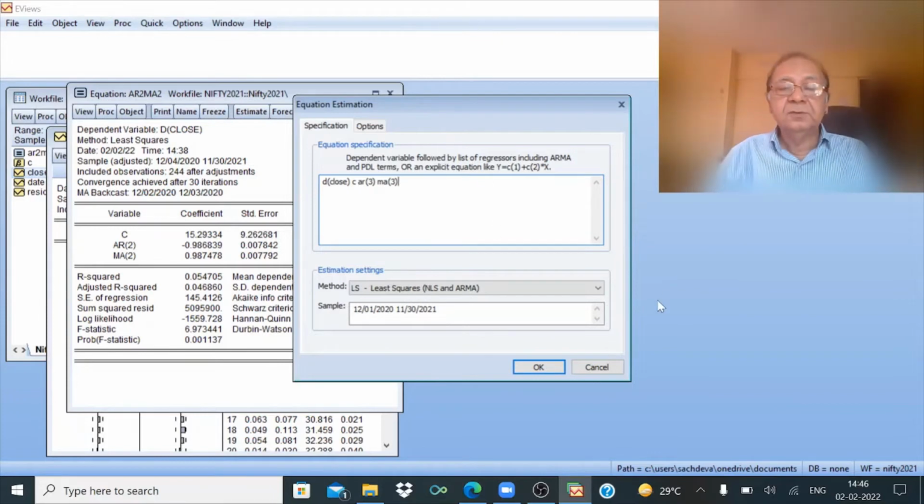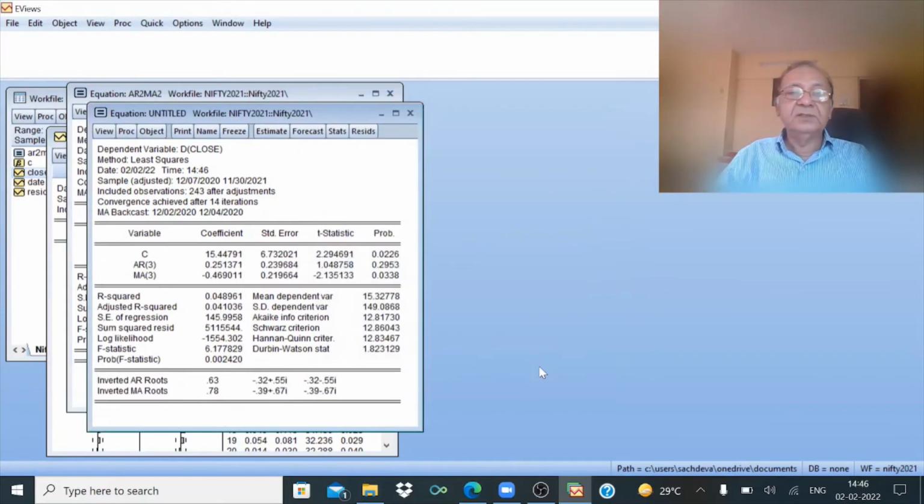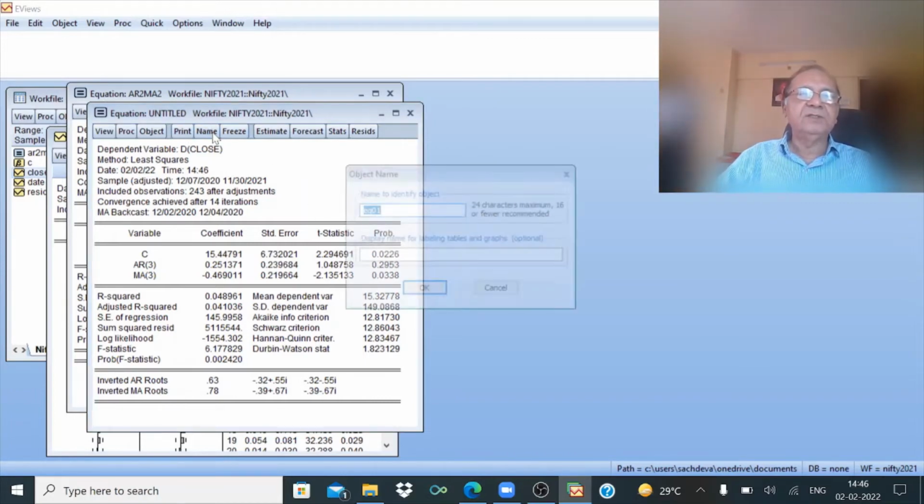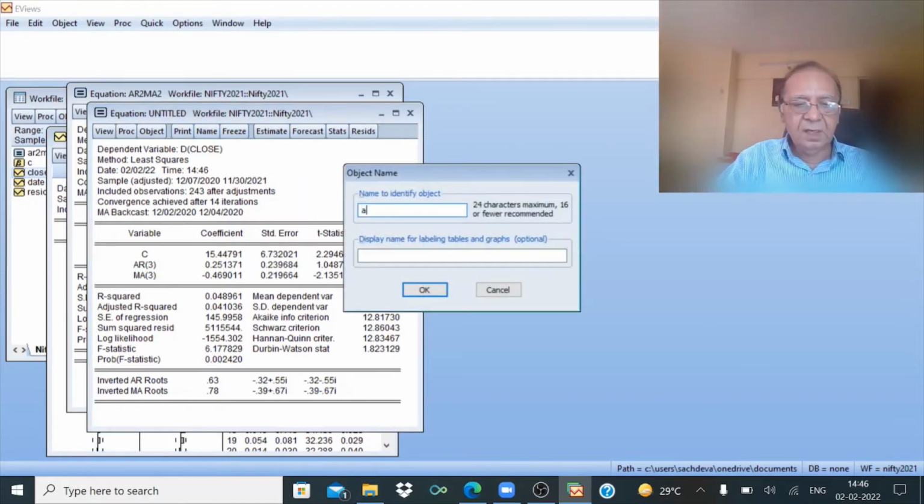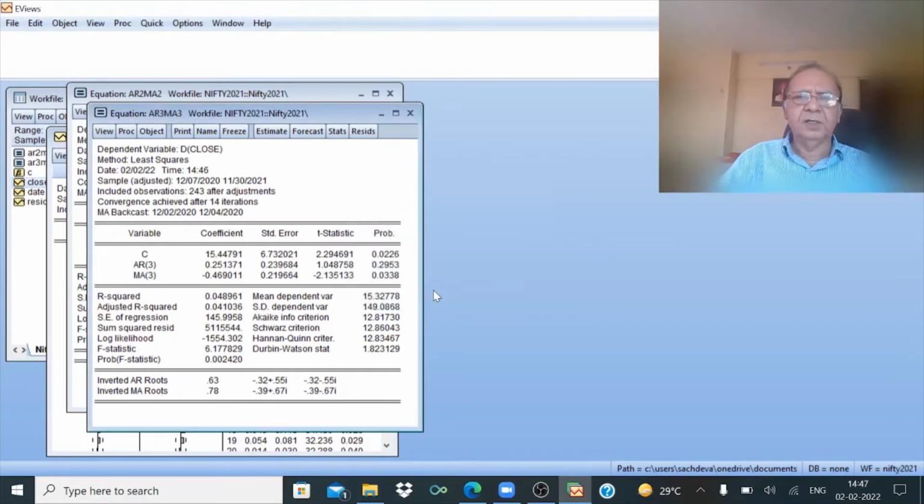Okay, so let us see now. This is our equation, but in this equation AR3 is not statistically significant, MA3 is statistically significant. We can save this equation as AR3 MA3. If you want, you can also make a model with AR1 MA1.